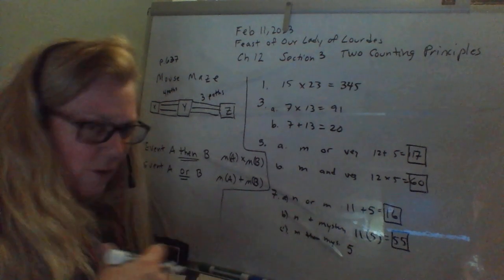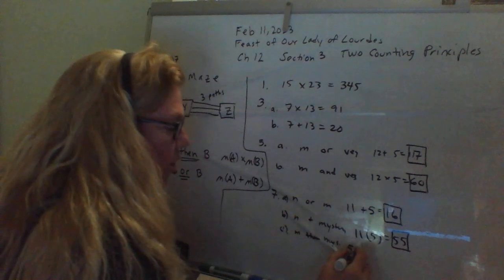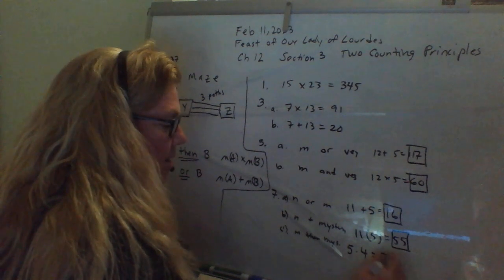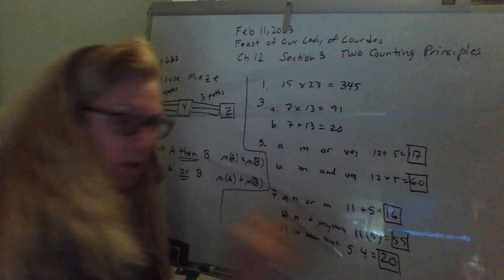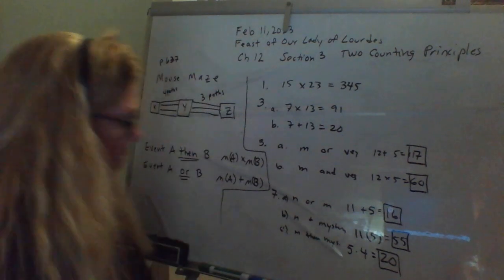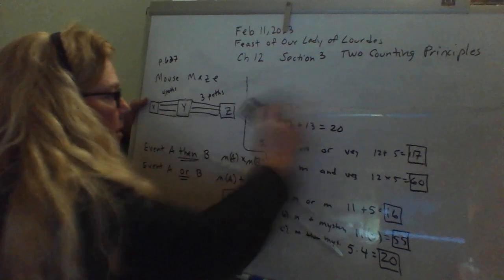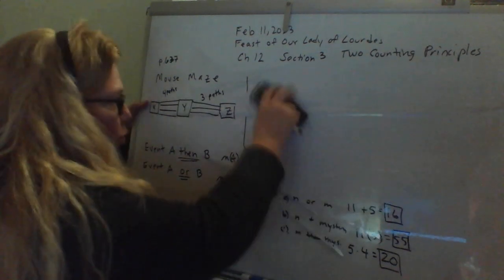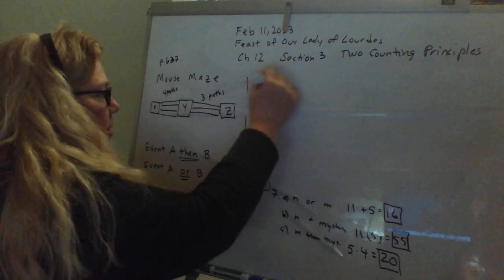So that mystery is off the shelf now. So now there are 4 mysteries left. So that's 5 times 4. That's 20 ways in which I could pick mystery, then mystery. Okay, hopefully that makes sense. Because once I pick one, if I'm going to pick another one, there is 1 fewer on the shelf.